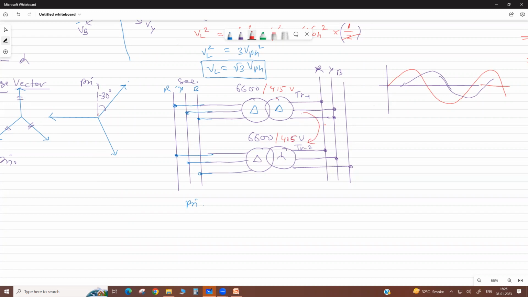They supply the three-phase load, so there is a load current, but transformer 1 also feeds transformer 2. So an internal circulatory current will flow. That heats the transformer and losses increase. So it is not correct. That's why we only operate the same configuration.